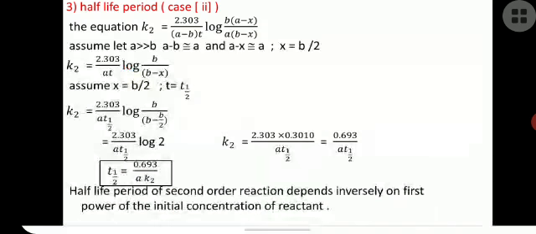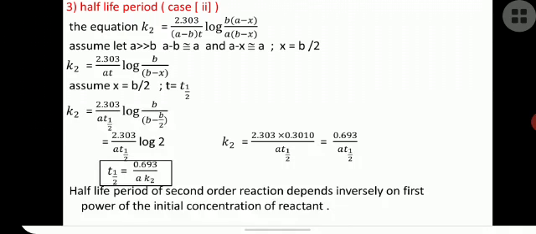Now the half-life period for the second case. The equation k2 is equal to 2.303 upon (a minus b) t into log of b(a minus x) upon a(b minus x). Assume that a is much greater than b. Then a minus b is approximately equal to a, a minus x is also approximately equal to a, and x is equal to b upon 2.